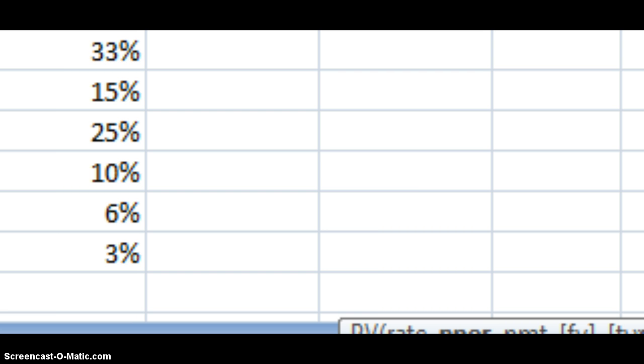Number of periods, so we're going to do minus 3 years, because I actually don't have a 3 in its own box, so I'm just going to type 3 in. And then the payment, that. Boom. Balance. Okay.